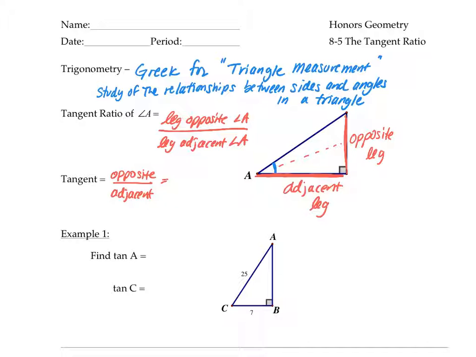So we can shorten that to just OPP over ADJ, and that's what we're going to see from now on, opposite over adjacent. So take a look at our first example.